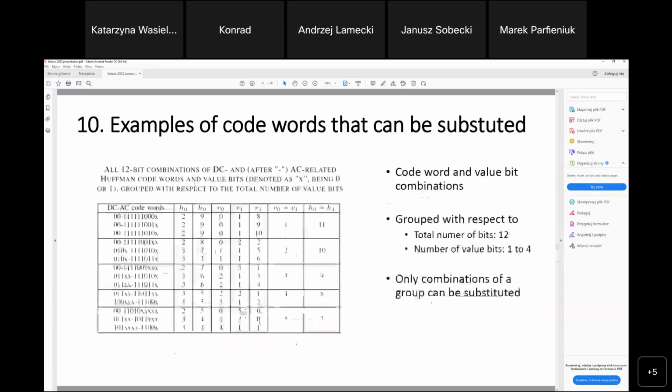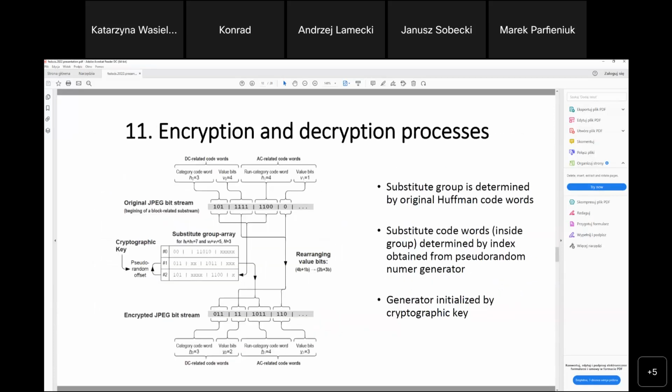This is a diagram which shows the encryption and decryption processes of my solution. In a short word, original Huffman code words are produced from normal JPEG encoding. These code words are used to determine the substitute group.